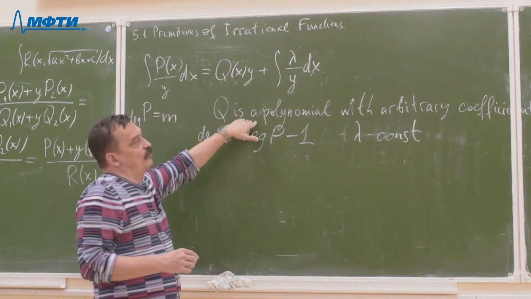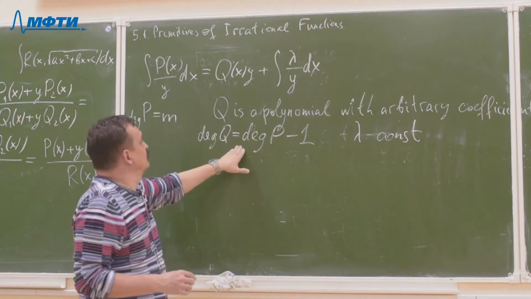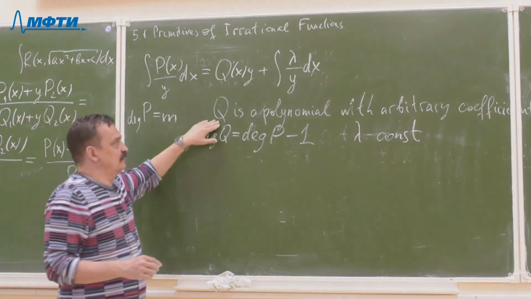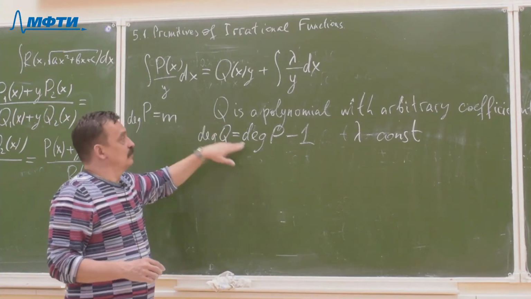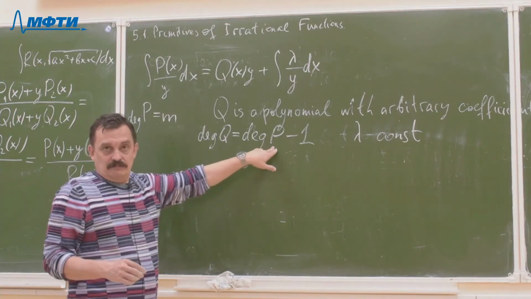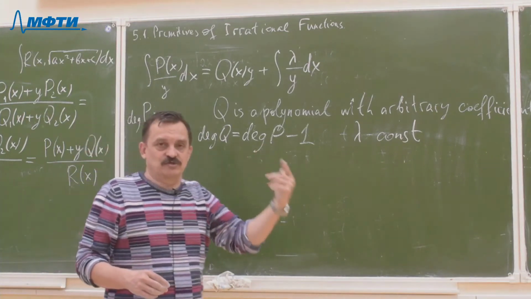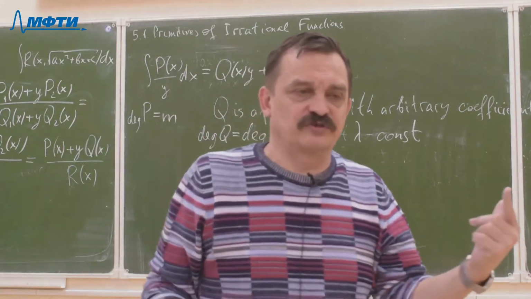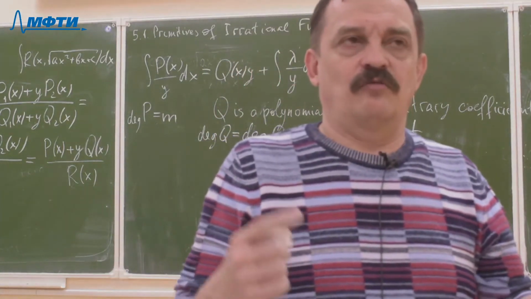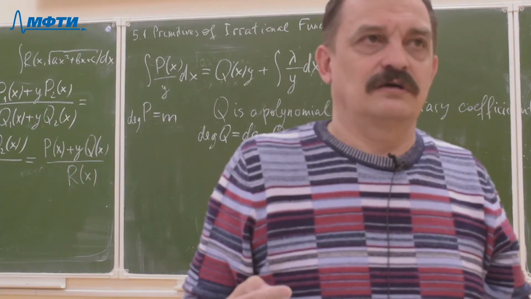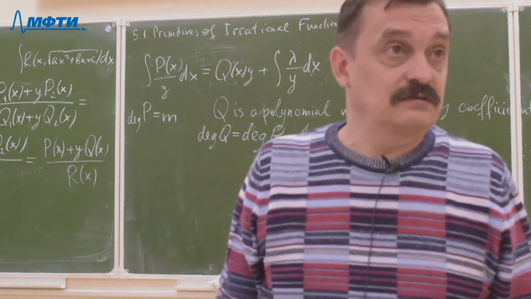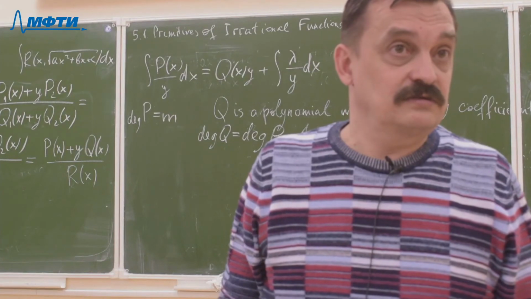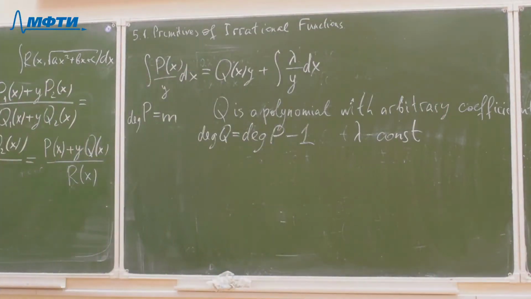So you see, a polynomial with arbitrary coefficients. If the degree of P is m, then how many coefficients do we have in Q? The degree of P is m, so the degree of Q is m minus 1. An arbitrary polynomial of degree m minus 1 has how many coefficients? A polynomial of degree 2 has 3 coefficients, right?